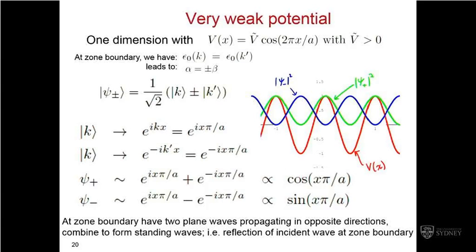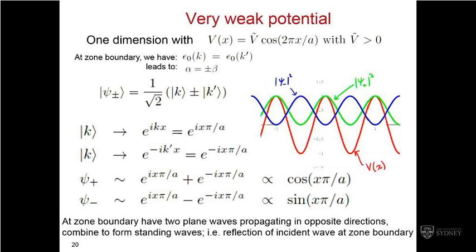But remember from before, we had expressed our wave function as being equal to alpha ket k state, plus beta ket k dash state. So what you can do is go back into that secular equation that we just wrote down, and you can find that alpha will equal plus or minus beta.